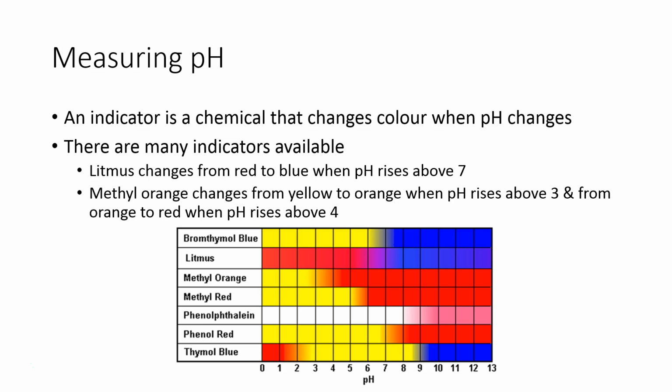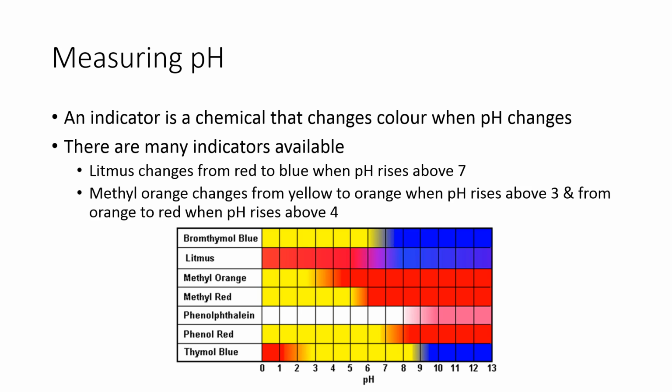The red cabbage juice is capable of changing its color depending on the pH of the solution it finds itself in. Some species of flowers will change the color of their petals depending on the pH of the soil that they grow in. Hydrangea is an example of that.